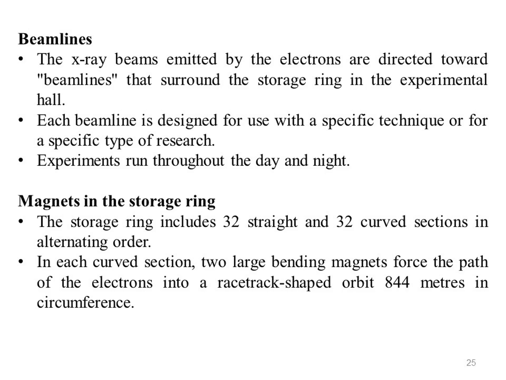In each straight section, several focusing magnets ensure that the electrons remain close to their ideal orbital path. The straight section also hosts the undulators, where the intense beam of X-rays is produced.